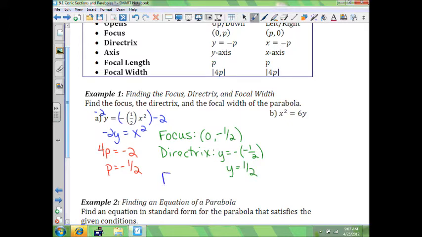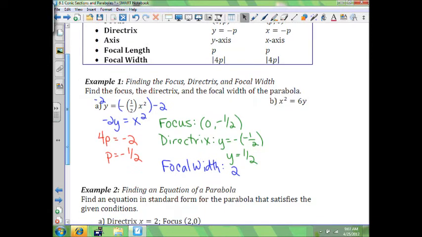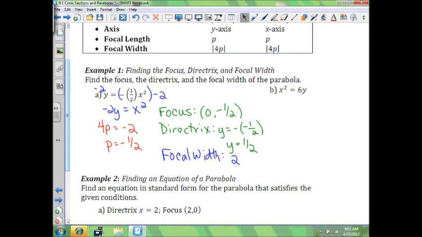And my focal width is 4p, that will be 2. Again, it's the absolute value of negative 2, so that's why it is 2. For letter B, x squared equals 6y. 4p is equal to 6.